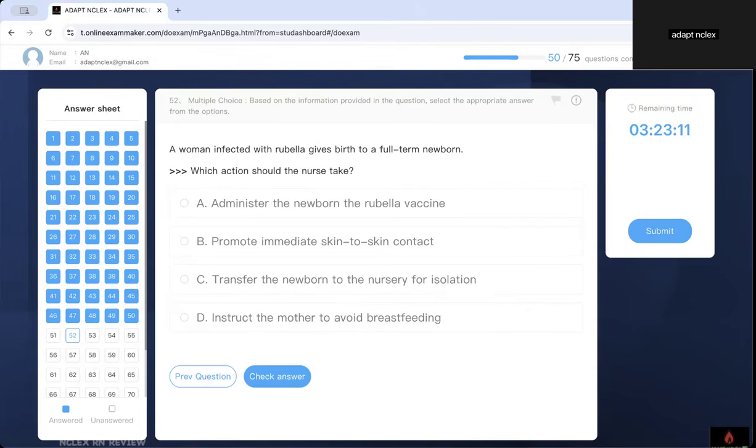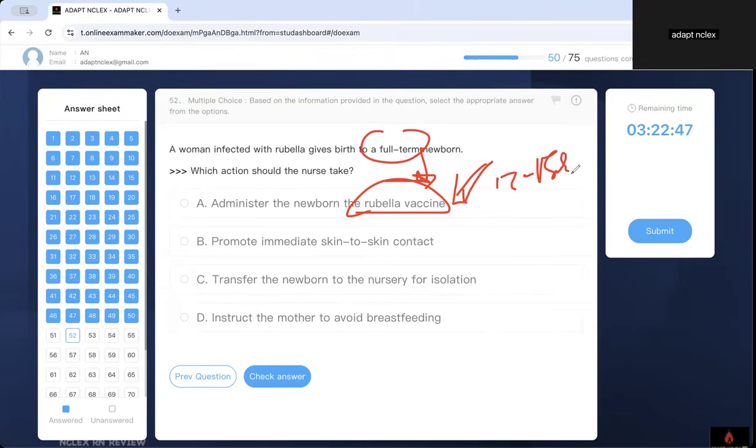The concept here is, as soon as the baby is born, the rubella infection is no more. You don't get it anymore, right? It's rare that mommy can transfer it to the baby postnatal, after birth. At the same time, a newborn cannot get rubella until they are about 12 to 15 months, because that's when they get the MMR vaccine.